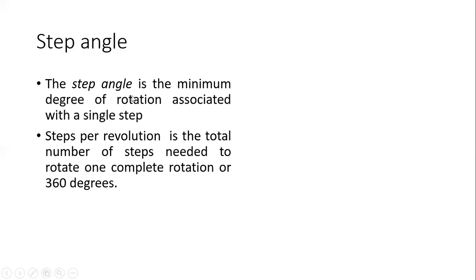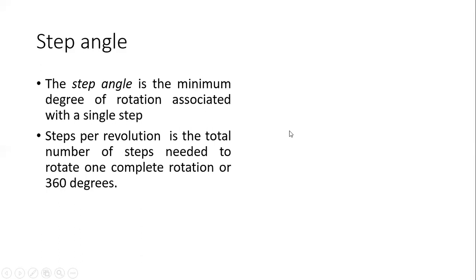First we'll discuss two important definitions. The first one is the step angle. What is a step angle? Step angle is the minimum degree of rotation associated with a single step.